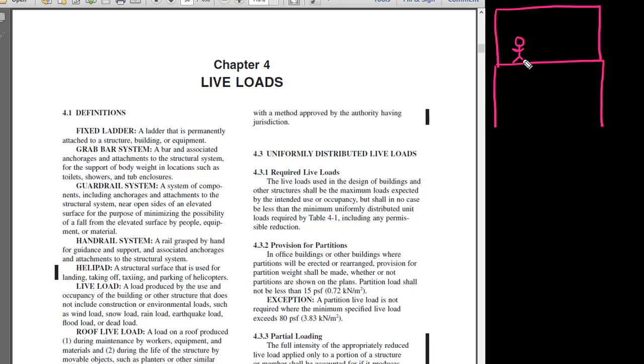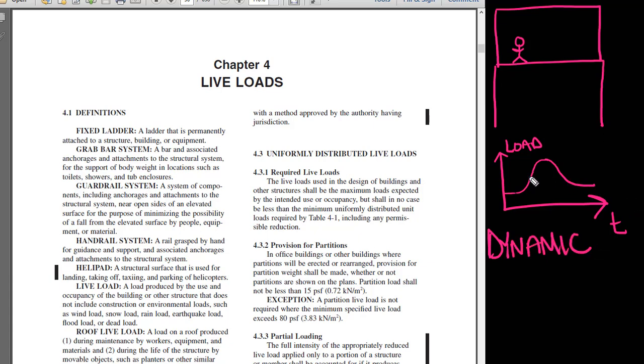And this person, of course, is not going to stay in one spot for their entire life, for their entire existence. They're going to move around. So the load on this member is going to change. And so this is clearly not a static load, and instead it's a dynamic load, meaning that the load changes over time.